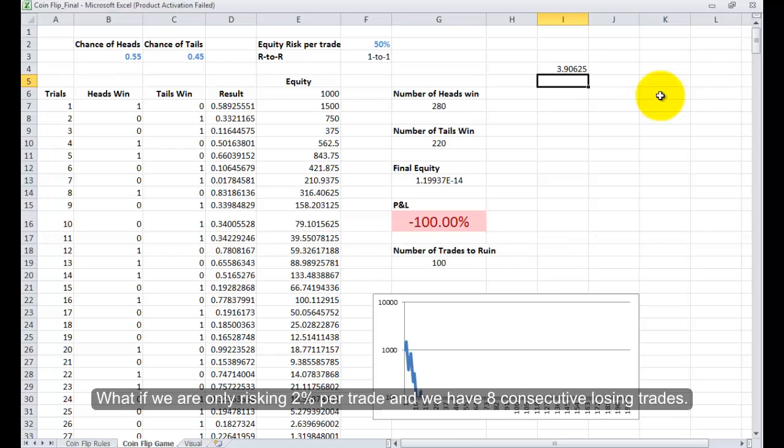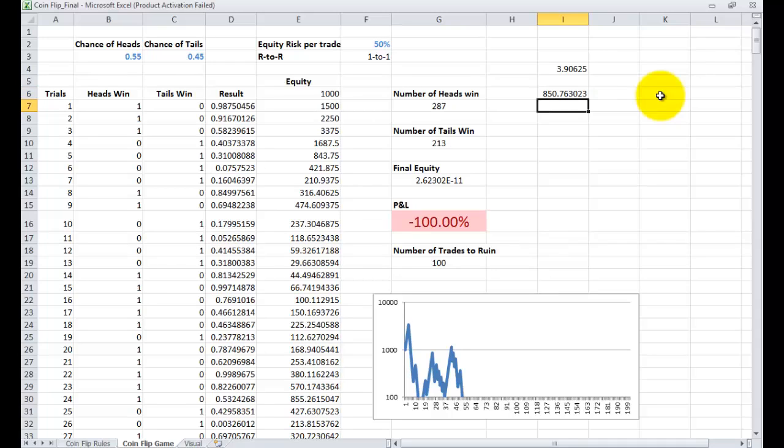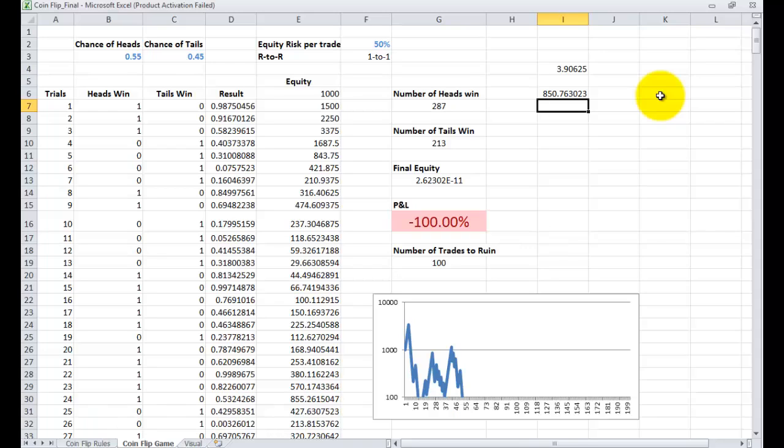What if we are only risking 2% per trade and we have 8 consecutive losing trades? We will be left with $850. With $850, this is more than enough for us to make back the amount we lost and much more.